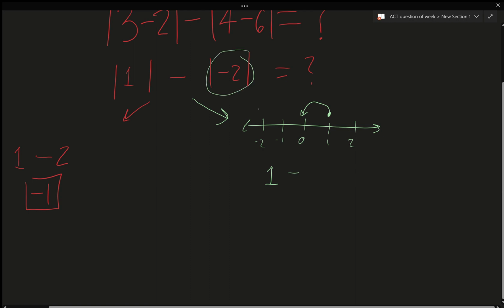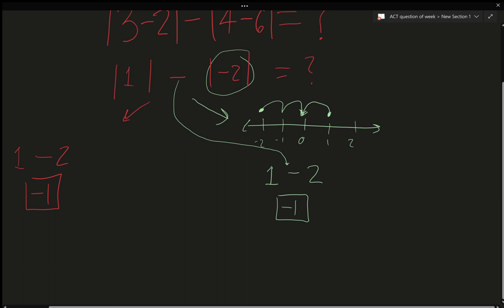The distance negative 2 is from 0 is 1, 2. We get a 2, and that minus sign is coming from here. Right, so that's just bringing it down. And here again, we get a negative 1. Okay, so that's two different ways to look at absolute values.